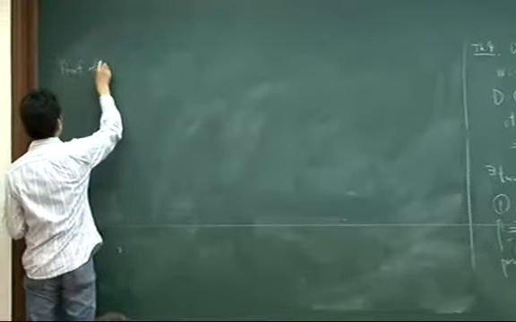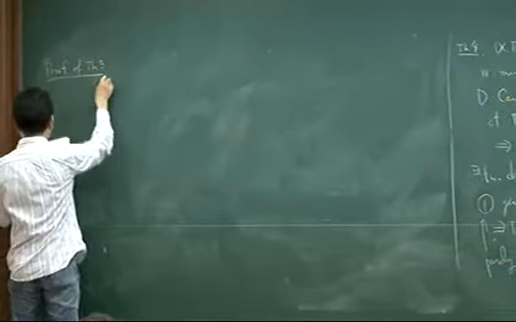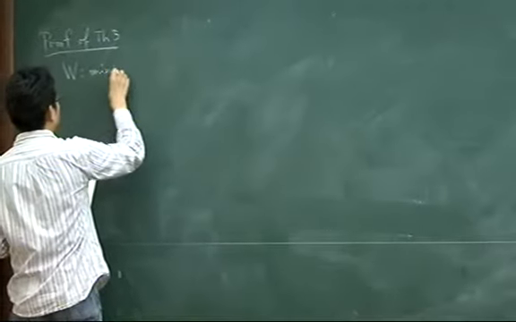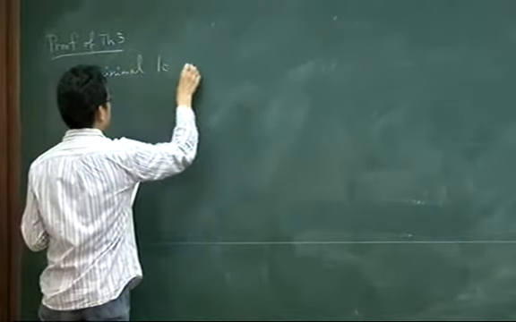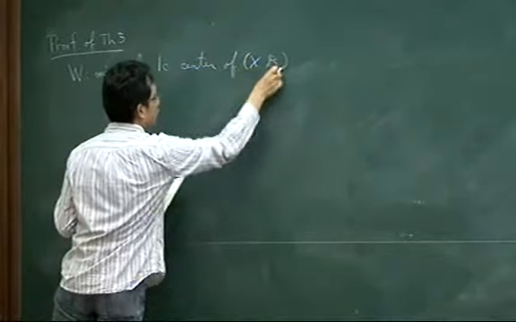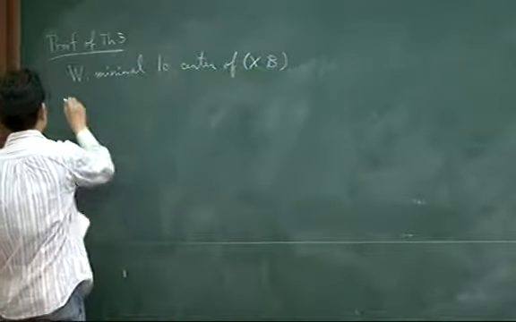Okay. Proof of theorem 5. W is a minimal LC center of pair X B. Okay. Step 1.